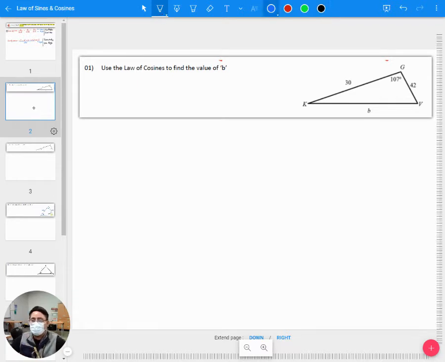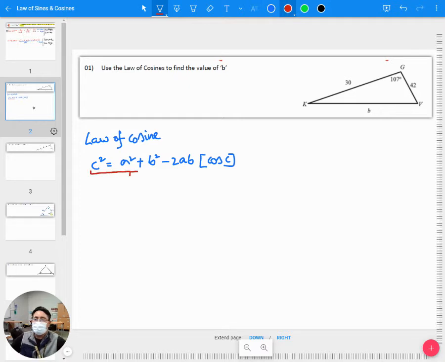Law of cosine is c square equals a square plus b square minus 2ab times cos C. As I mentioned before, c square, a square, b square represent the sides, and this one represents the angle.